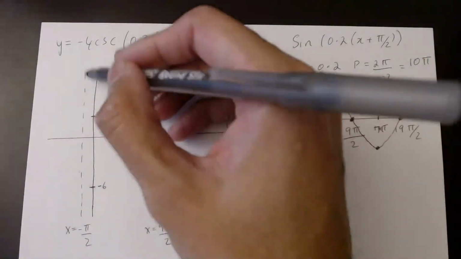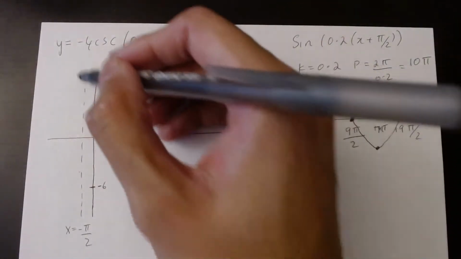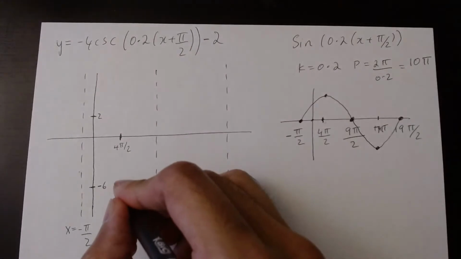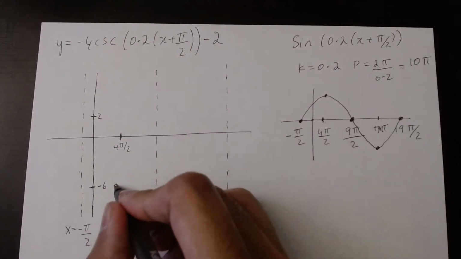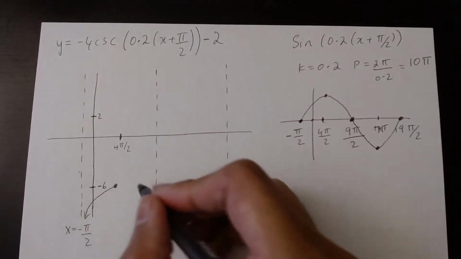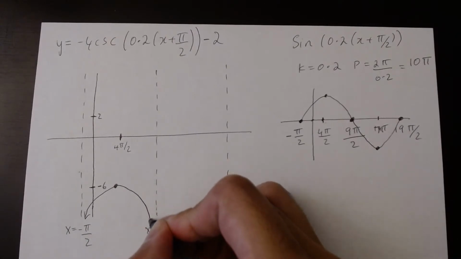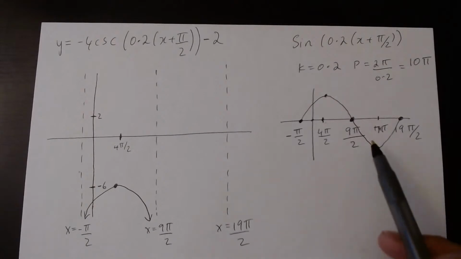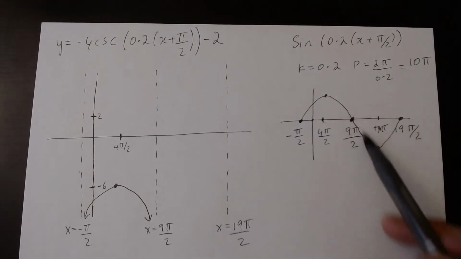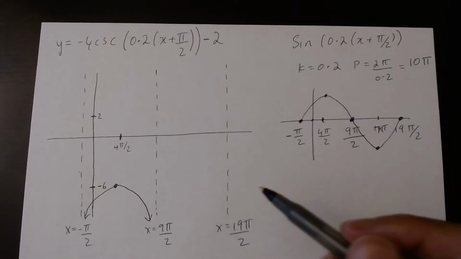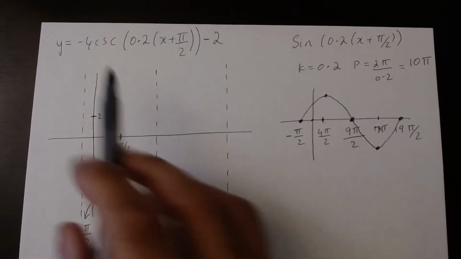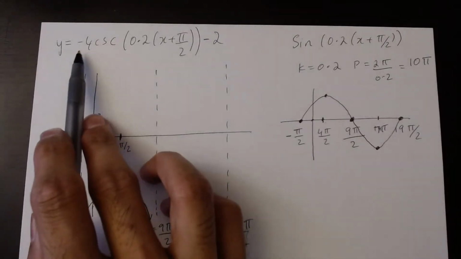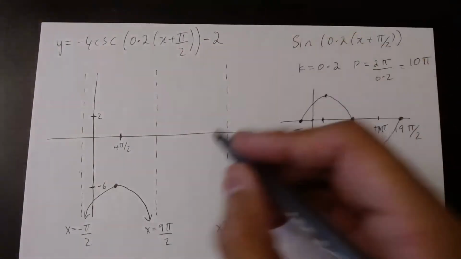So instead of it being U-shaped like this with the local minimum, it's going to reflect in the x-axis, and it's actually going to be like this on the bottom. And then this part is below the axis, which means it would normally be below, but because of the reflection in the x-axis, it's now going to be above.